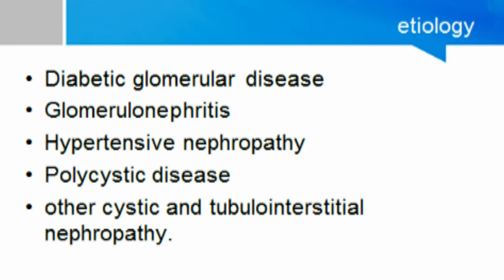The etiologies are diabetic glomerular disease, glomerulonephritis, hypertensive nephropathy, polycystic disease and other cystic and tubulointerstitial nephropathy. If anyone has any of these, it may cause chronic kidney disease.